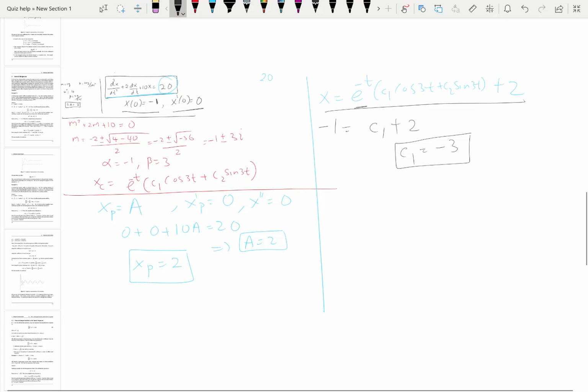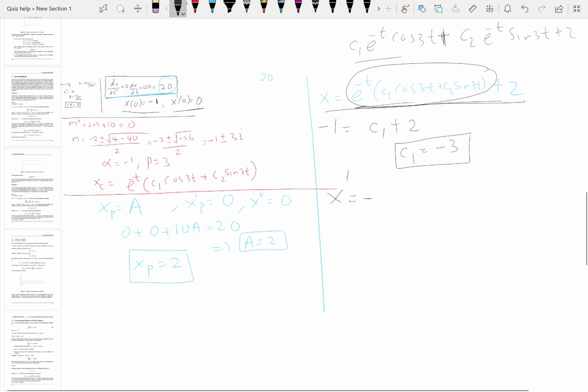So we have to find the second derivative. The second derivative of this function: you have to apply the product rule to the first part, term by term. Let's write it as C1 e to the -t cosine 3t, distribute e to the -t, plus C2 e to the -t sine 3t plus 2.